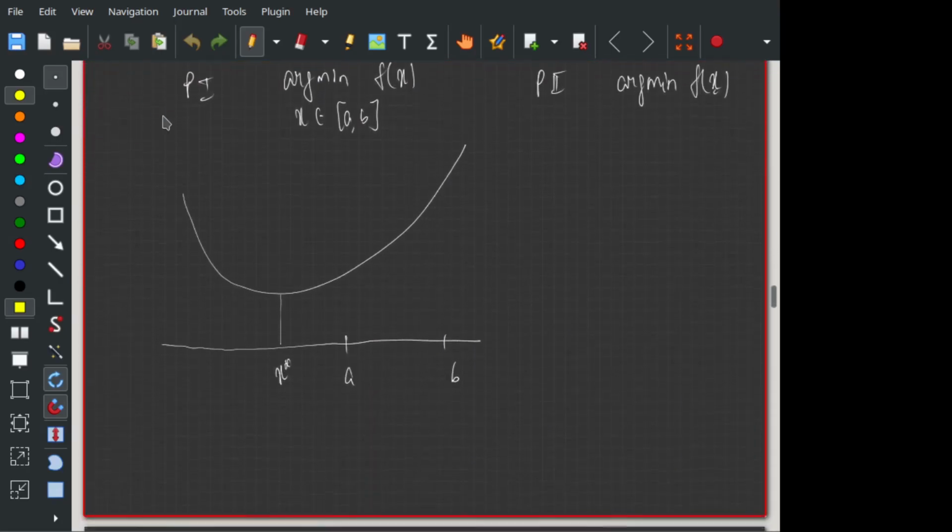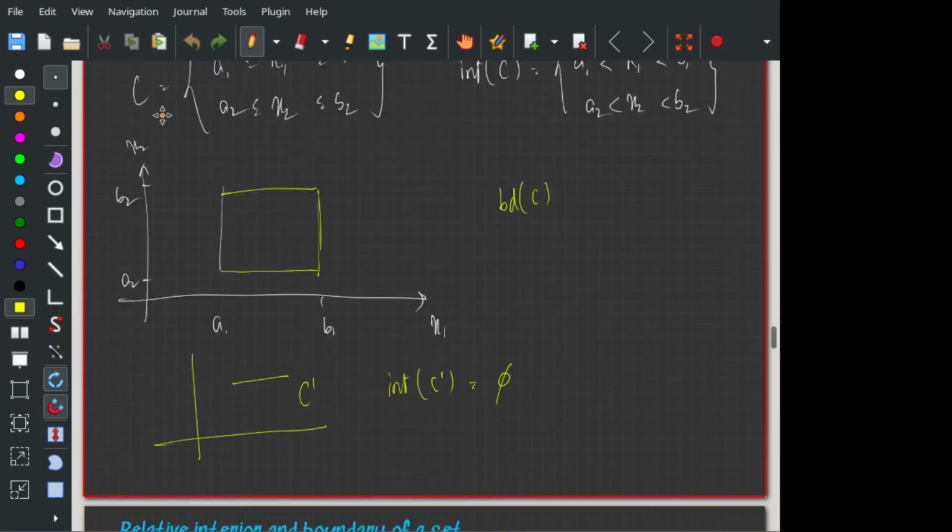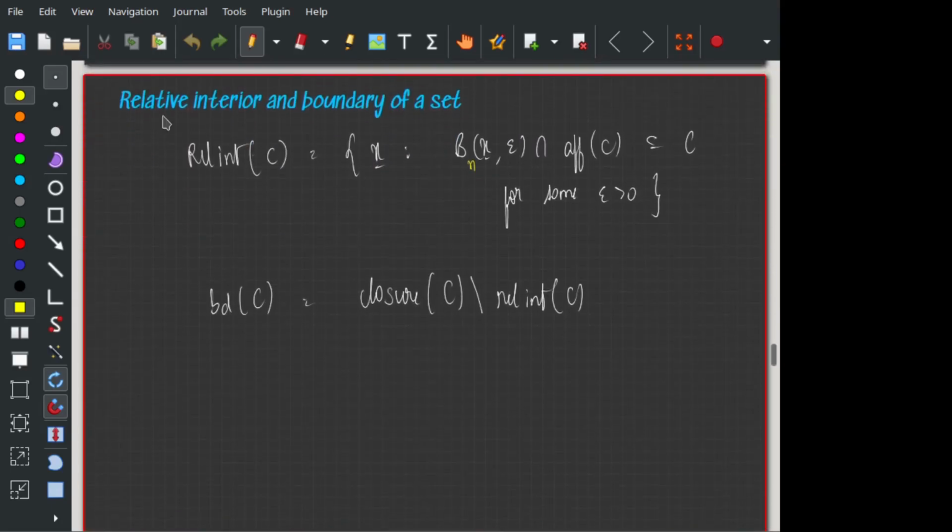All right. Good. So similarly, we also define these notions of a relative interior and the boundary of a particular set. In particular, this is to handle the problems of dimensionality, because your ambient space could be Rn, but the sets you're looking at could be in a smaller dimension.